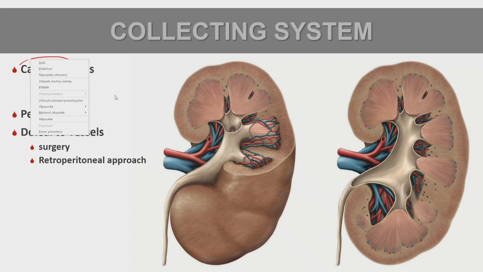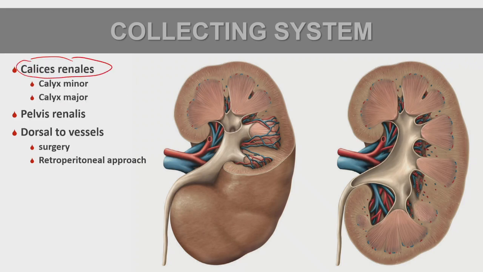The first parts are called calyces. Calyx minor is the smallest, which is facing the papilla. Then they are connected to the calyx major, the larger calyx, and then the pelvis is created. The pelvis has a cone-like structure.